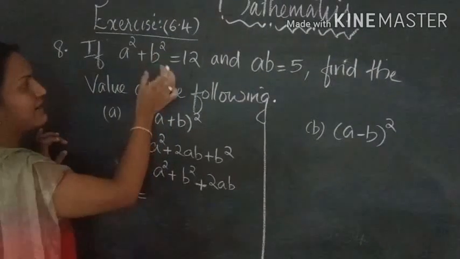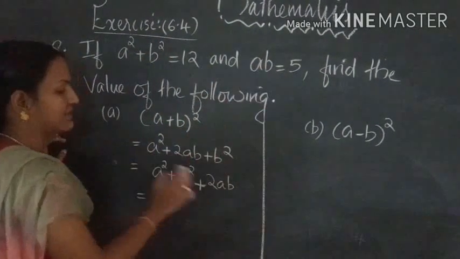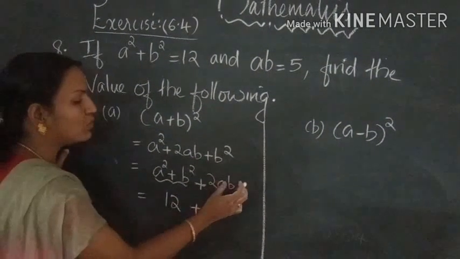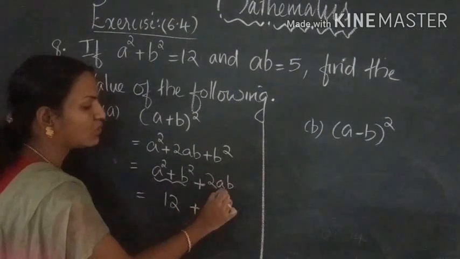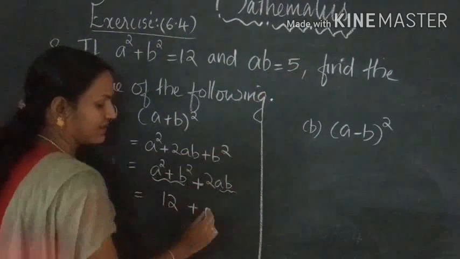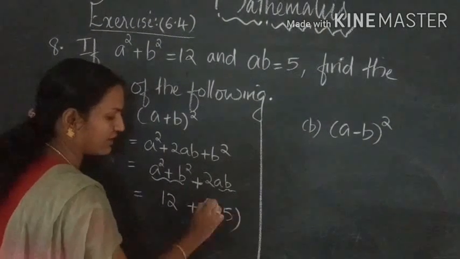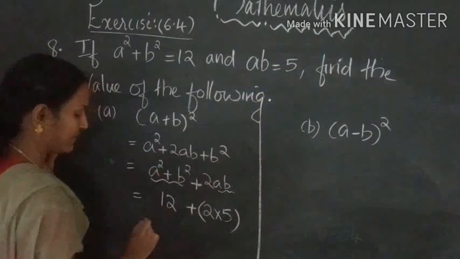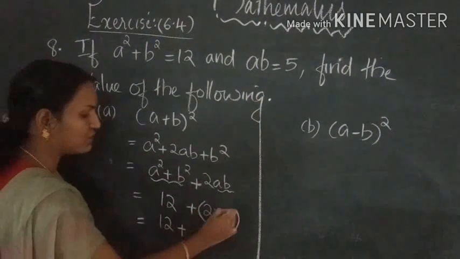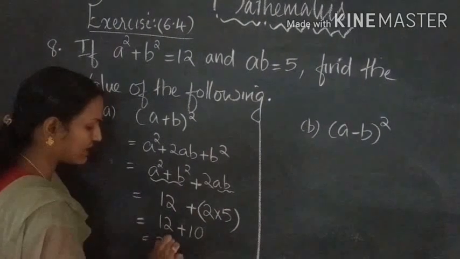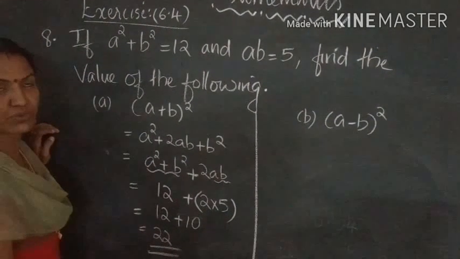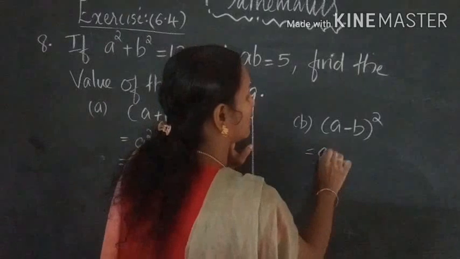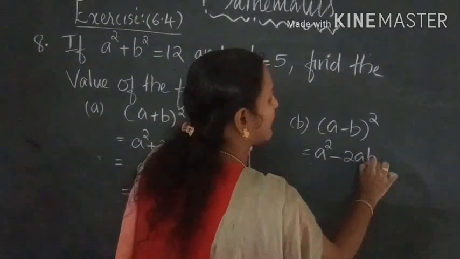Substituting the values in this equation: 12 plus 2ab, and 2ab means 2 into ab. ab is 5, so 2 into 5 is 10. 12 plus 10 is 22.